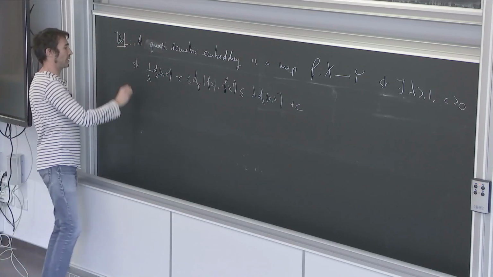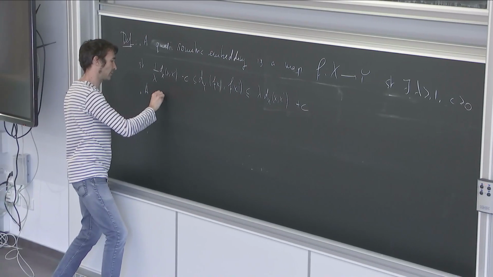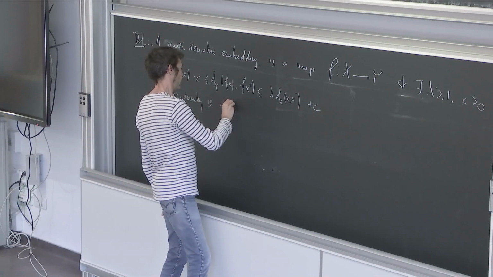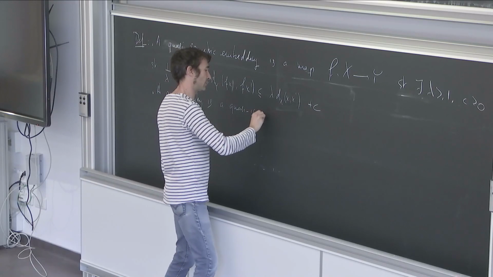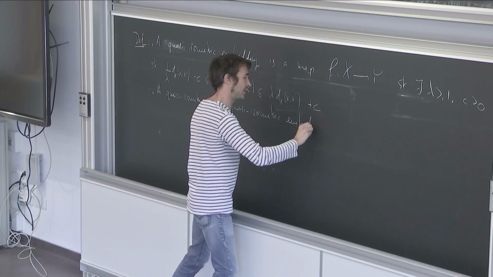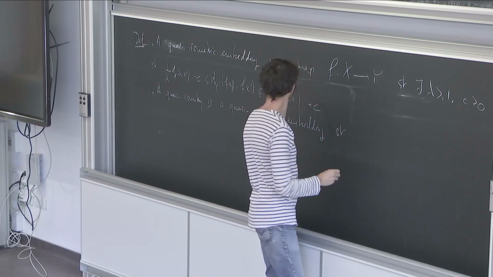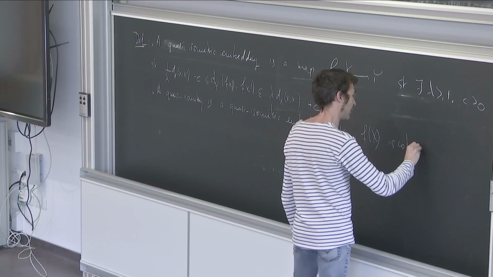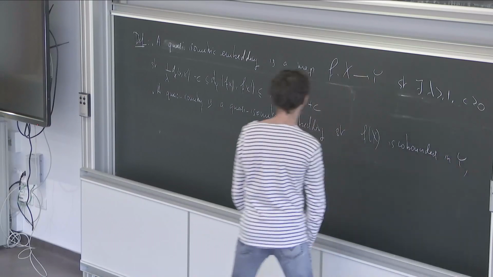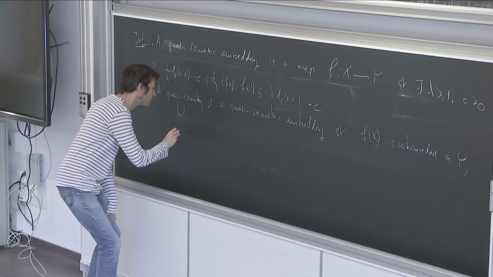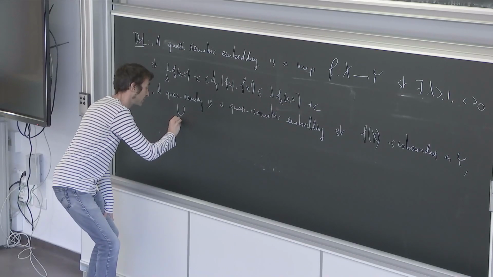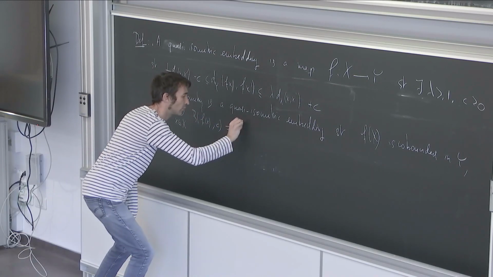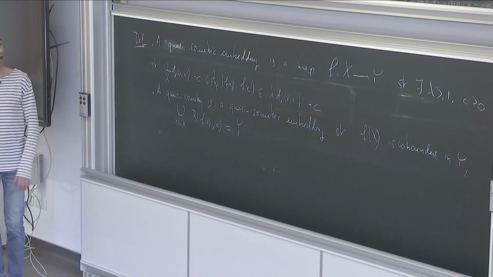Okay? And a quasi-isometry is a quasi-isometric embedding such that the image is co-bounded in Y, meaning that if I look at the union over all points x in X of the ball centered at f of x of radius C, it covers the whole set Y. So it is almost onto.